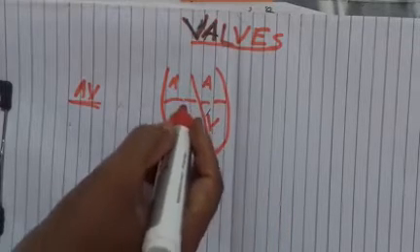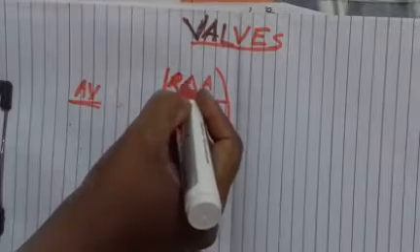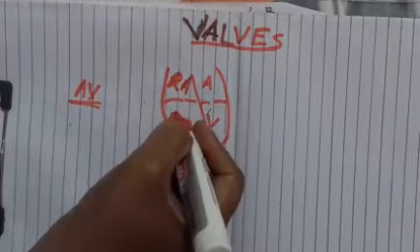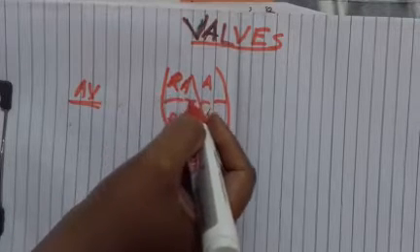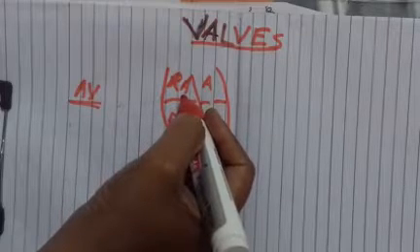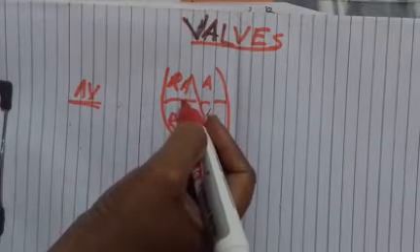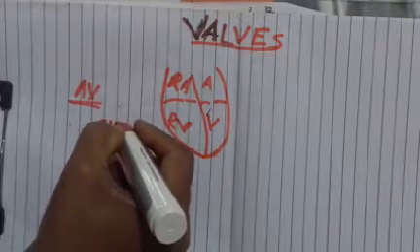The valve present between the right auricle and right ventricle is known as the tricuspid valve, because this valve consists of three thin triangular leaf-like flaps or cusps.